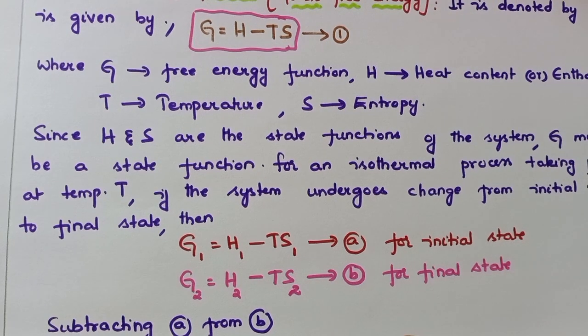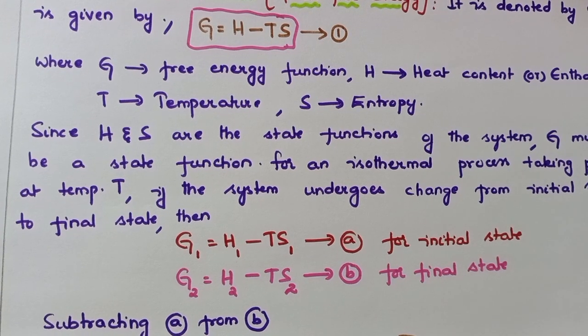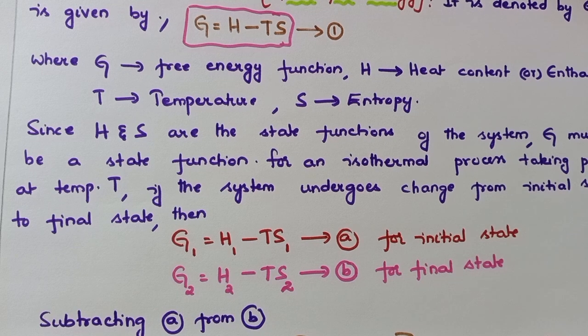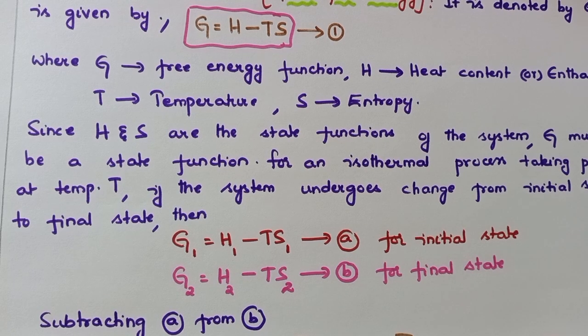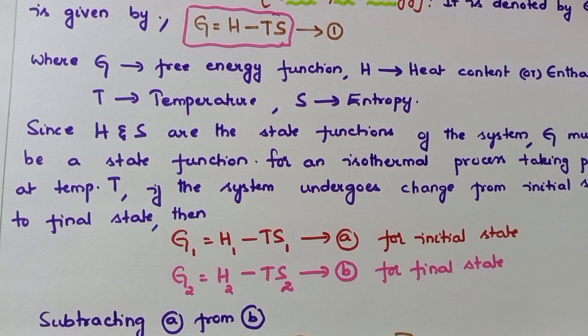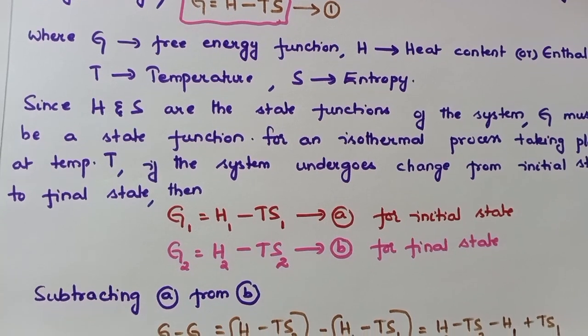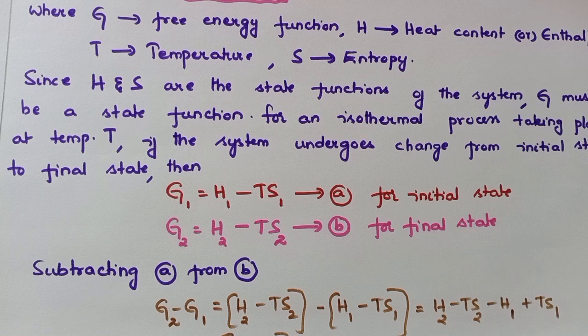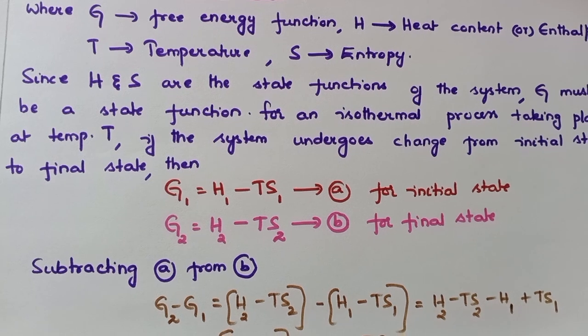G1 will be equal to H1 minus TS1. Mark it as equation A for the initial state. What would be for the final state? G2 is equal to H2 minus TS2, equation B. Below, write down: subtracting A from B. How will you write?